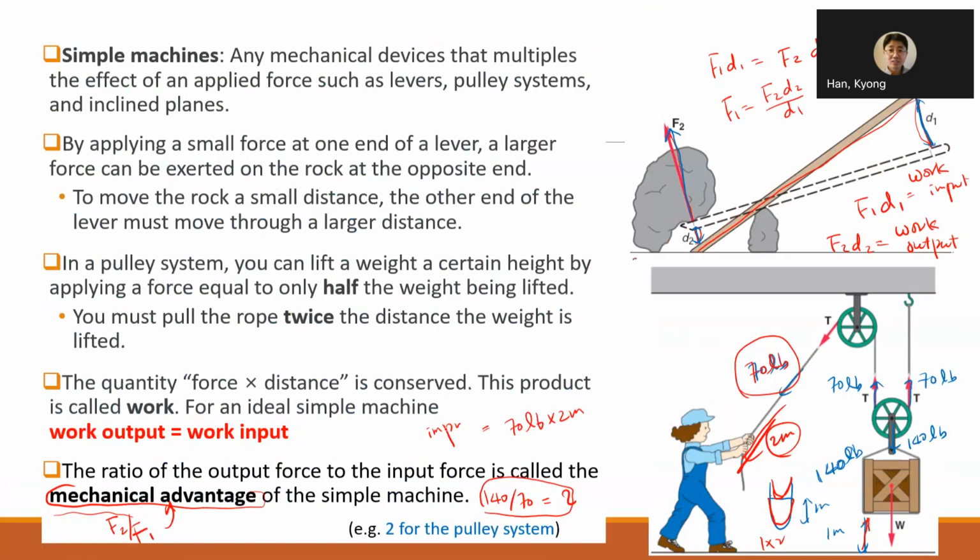And the work output is 140 times 1 meter. 70 times 2 is 140, and 140 times 1 is the same. Work input and output must be the same.